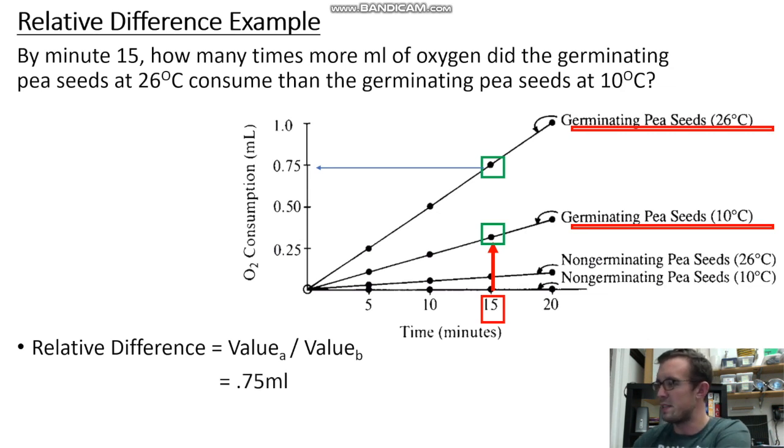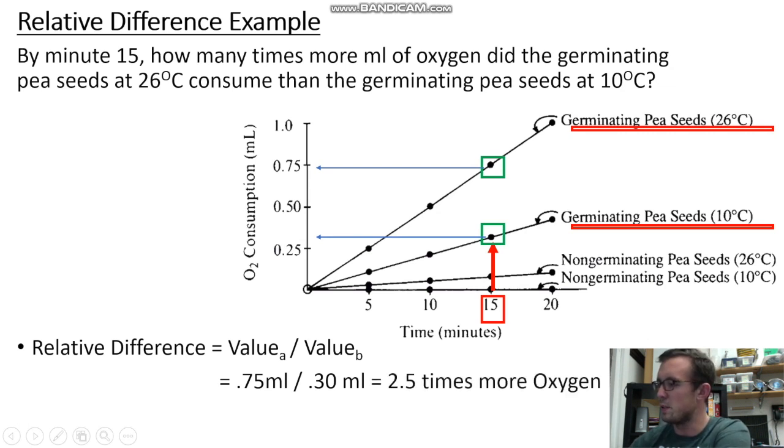And the germinating pea seeds at 10 degrees Celsius had consumed about 0.3 milliliters. And so how many times more oxygen had the 26 degrees seeds consumed than the 10 degrees group? We'll see approximately 2.5 times more. That is, 0.75 is 2.5 times greater than 0.3 milliliters.